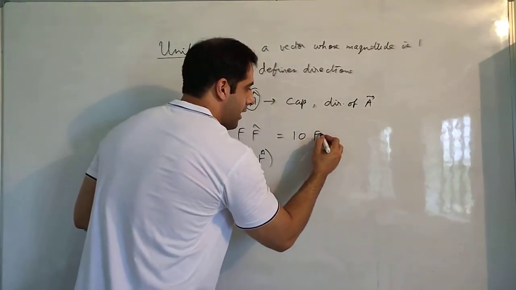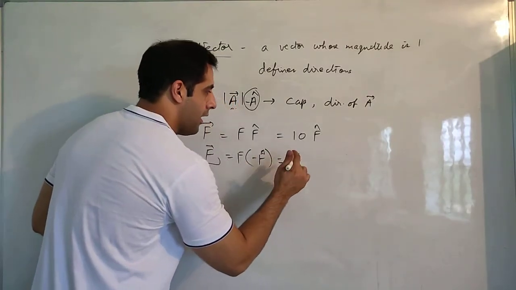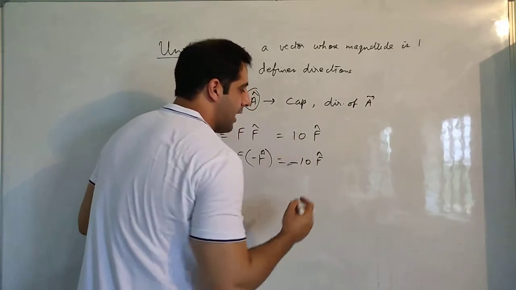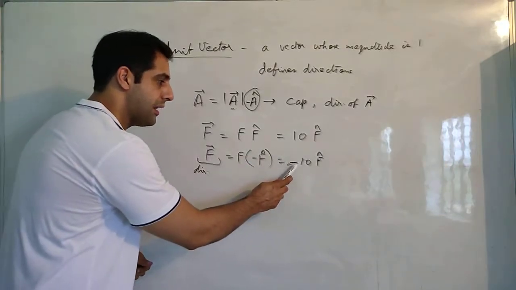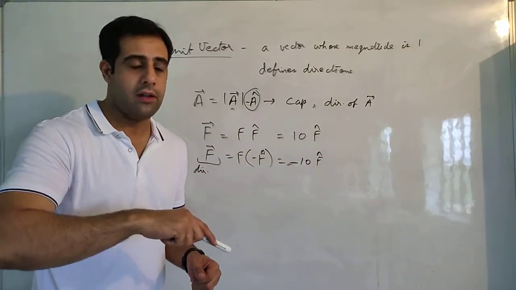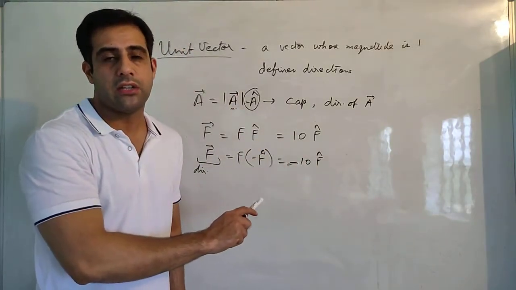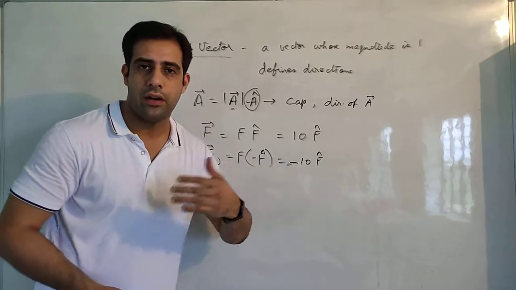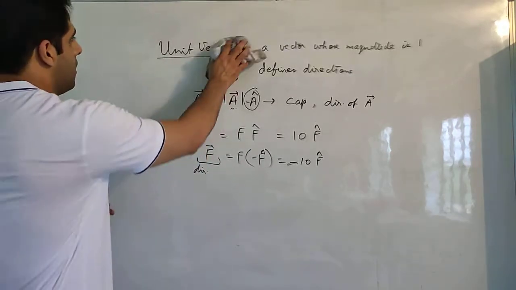So this will be given by 10 F cap. If I reverse the direction, it will be given by 10 of minus F cap or minus 10 F cap. Now notice this very carefully, this minus sign here does not mean that magnitude is now negative 10. Magnitude is still 10. What has changed? The direction has changed. How has the direction changed? It has been reversed. Positive and negative are reverse of each other. Okay, so make sure that you understand this topic.